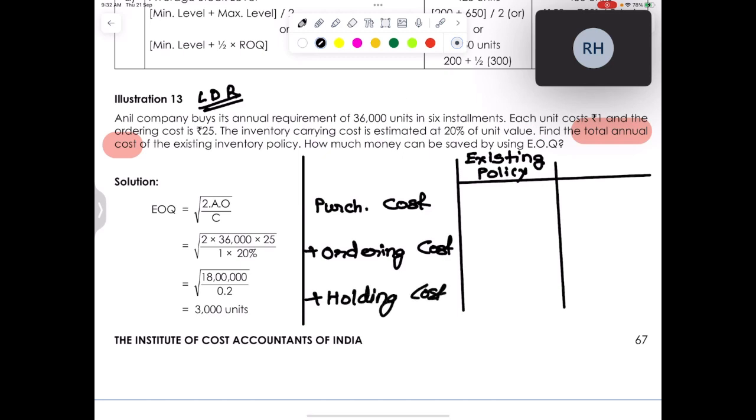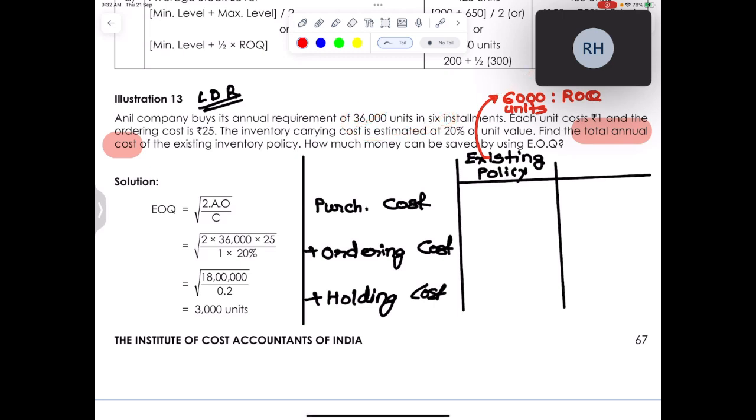Right now, I am purchasing 6,000 units. My ROQ is 6,000 units because the annual requirement of 36,000 is being purchased in 6 installments. It means in a single order, I am purchasing 6,000 units.